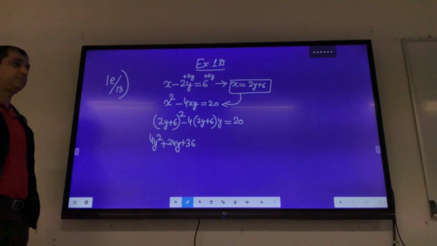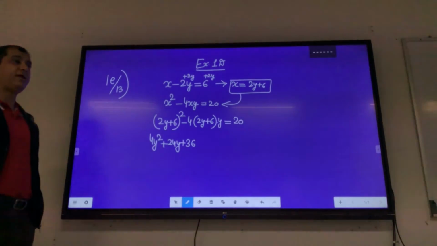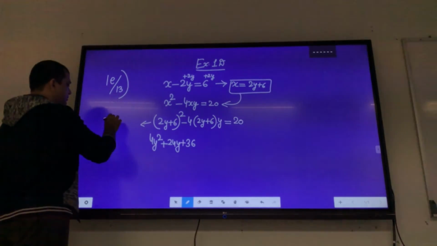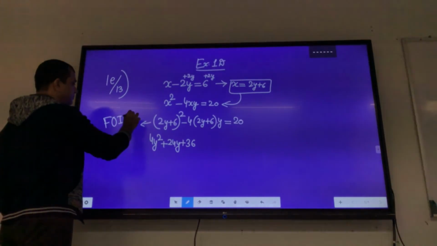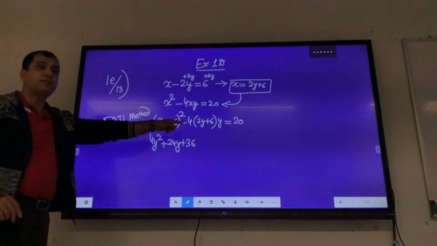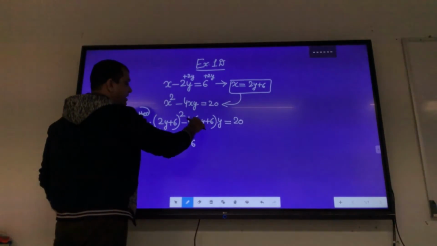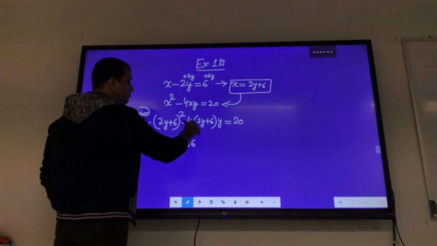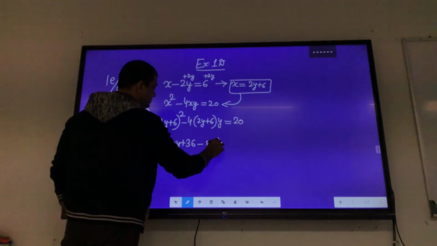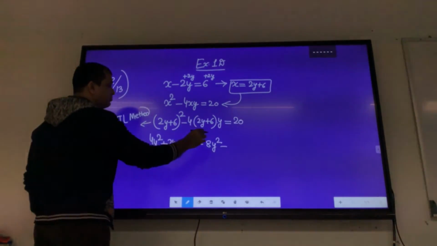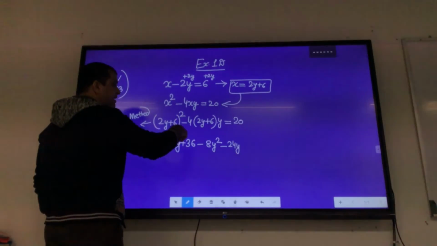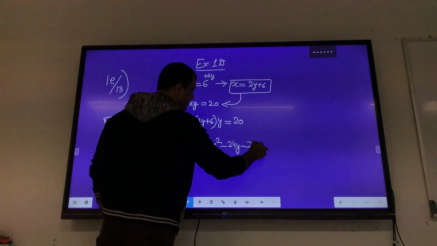Now the next expression is minus 4y times these two terms. Minus 4y times 2y will be minus 8y squared. Then minus 4y times 6 will be minus 24y. And this plus 20, we move that side, it becomes minus 20 is equal to 0.